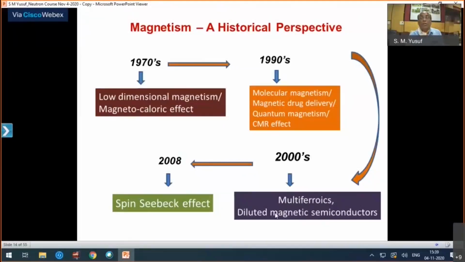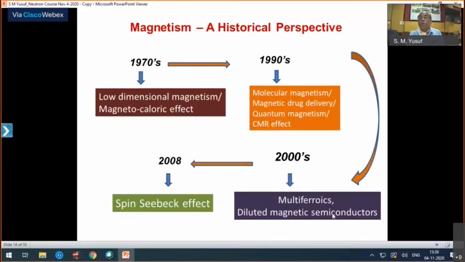Another discovery: diluted magnetic semiconductors. See, in the semiconductor industry, what is exploited? Electronic charge, right? But if you have a magnetic semiconductor, besides the electronic charge, you will also be exploiting the electronic spin.